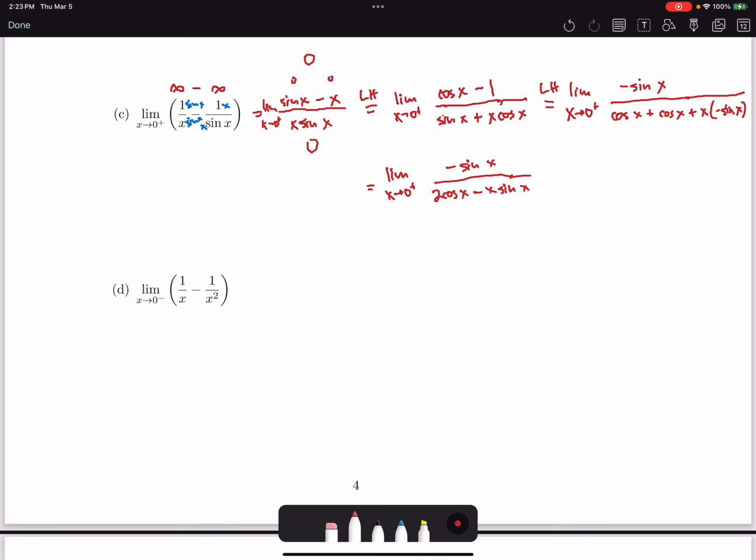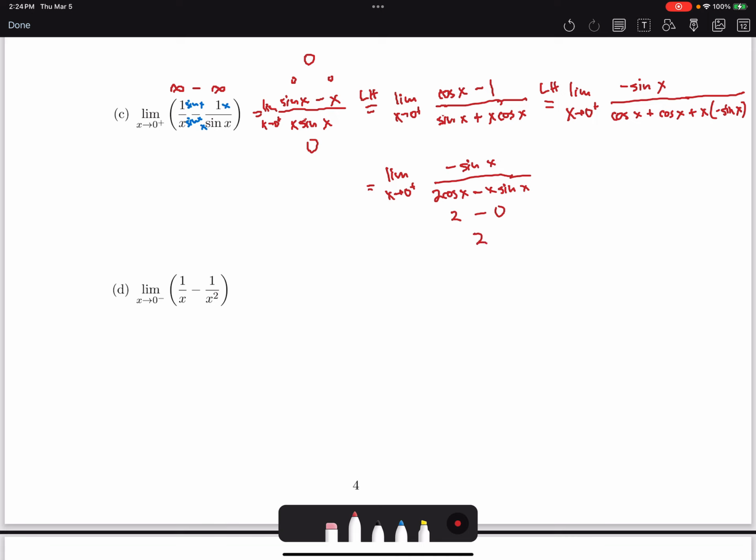Okay, well now what happens? Now when we plug in 0 in the denominator, cosine of 0 is 1, and 2 times 1 is 2. Sine of 0 is 0, and of course, when we plug in 0 for x, we get 0. So 0 times 0 is 0. This is just 2 minus 0, which is 2.